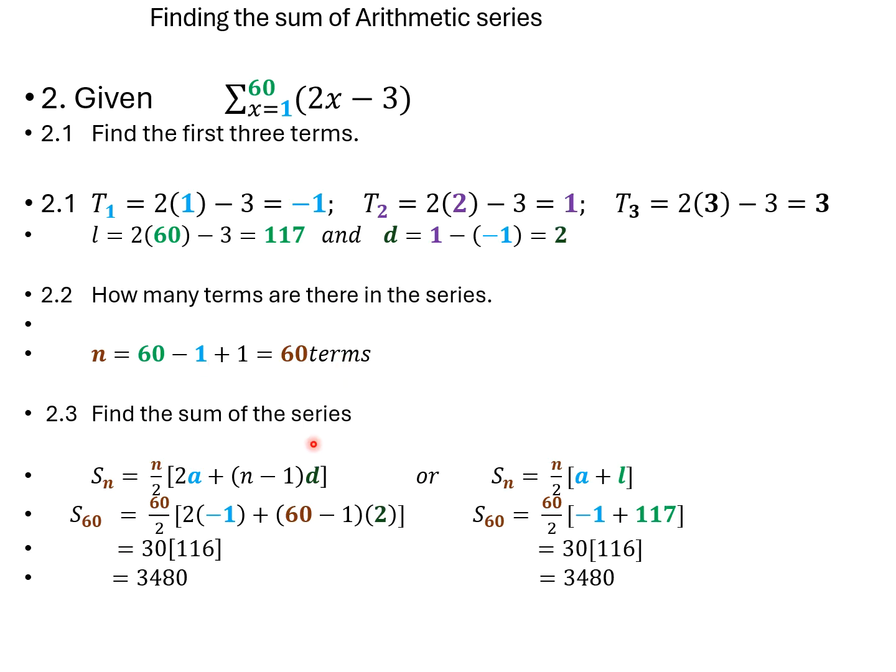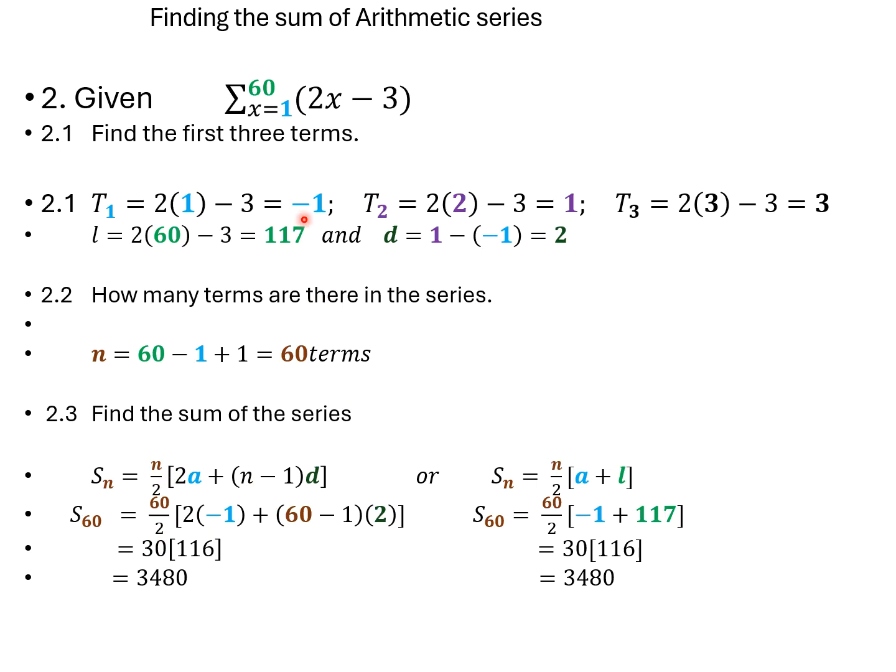2.3, find the sum of the series. The objective with sigma notation is that we go straight to this and test 2.3, evaluate. This 2 is just so that you get used to practicing and doing the correct thing. So Sn equals n over 2 times 2a plus n minus 1 times d, and in this case n is 60. So 60 divided by 2 and 60 minus 1.